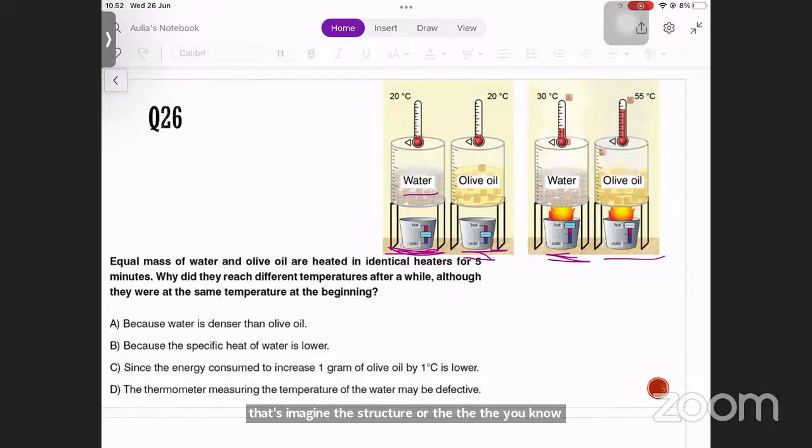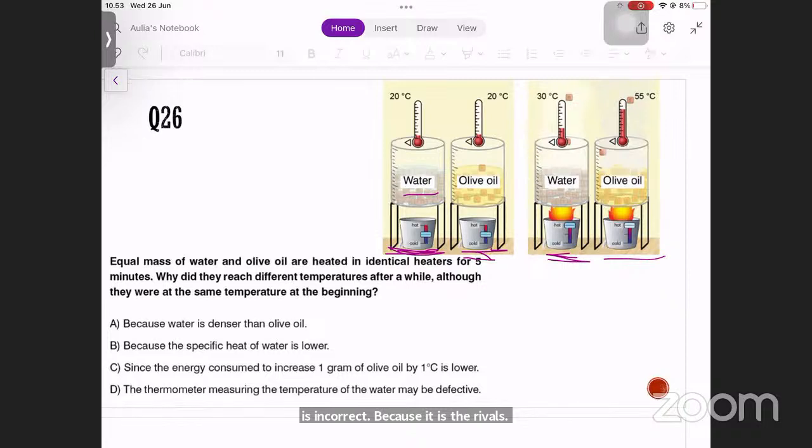When you compare water and olive oil, water is lighter, isn't it? It is not sticky at all. As for olive oil, it is slippery, sticky on our hands. It means that it is denser than water. So option A is incorrect because it is the reverse. Olive oil is denser than water.